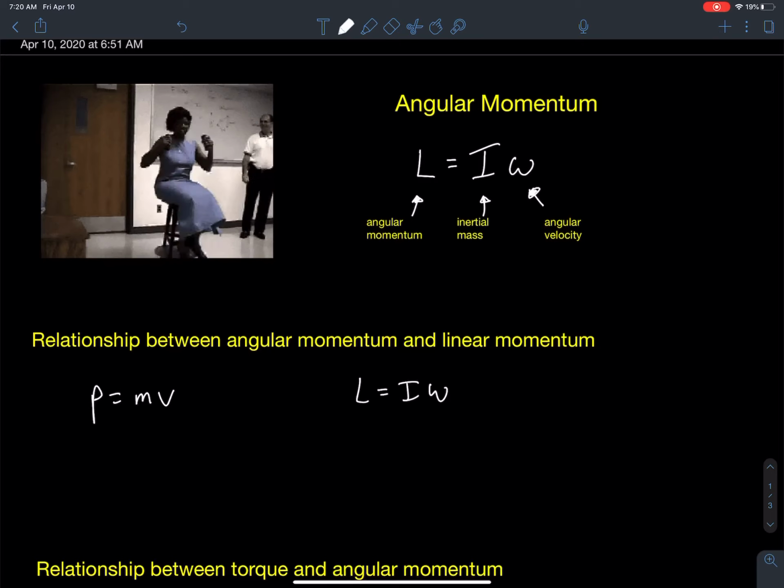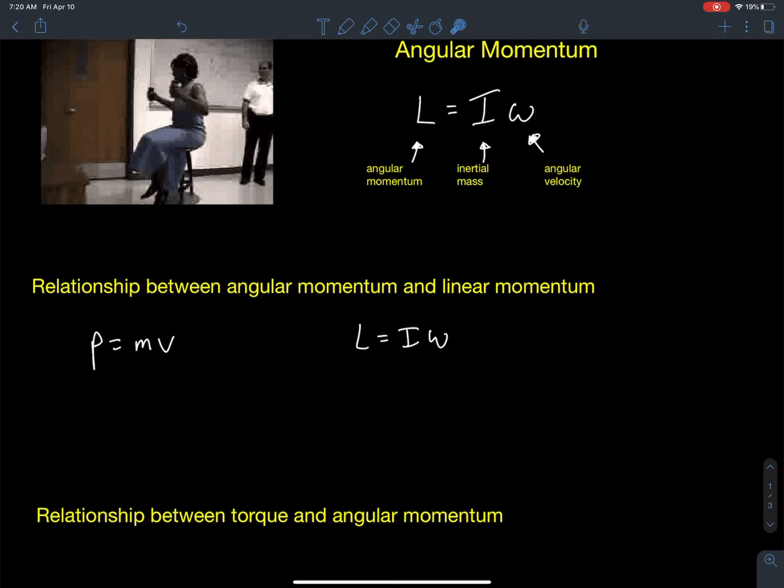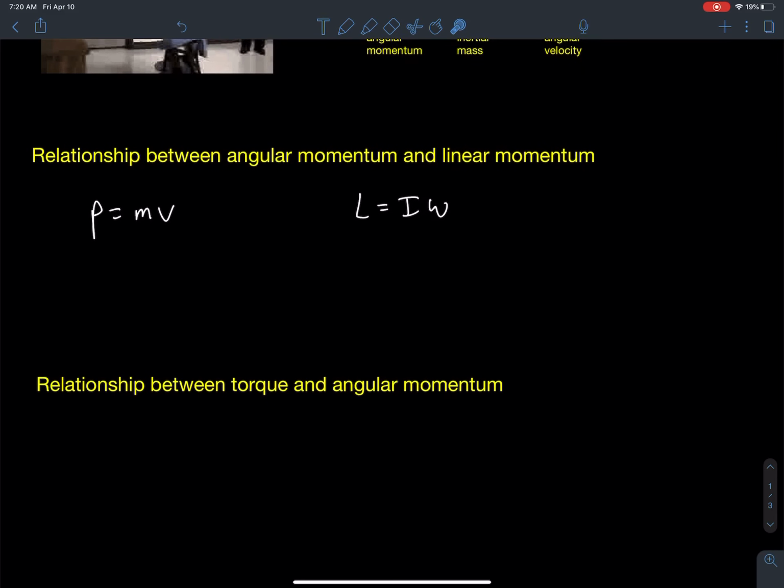If I take that divided by r on the left-hand side, I can turn that into omega, and then m has to be converted into the inertial mass. My momentum divided by r is going to be related to my angular momentum as well, but it's not as simple because you have to get your inertial mass. So that's the basic relationship between angular momentum and linear momentum.